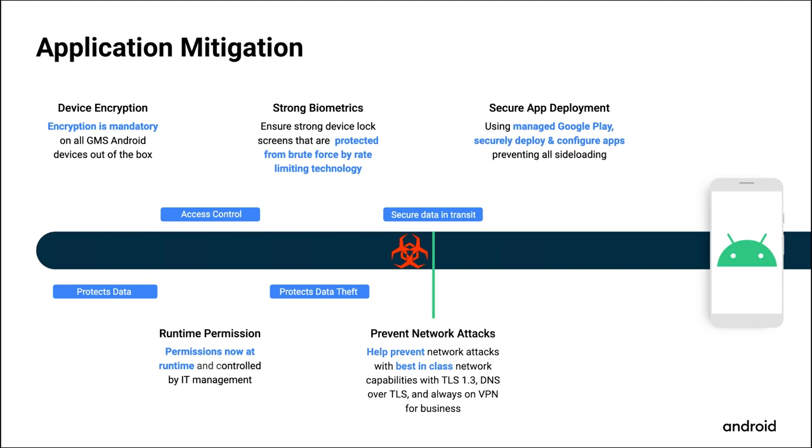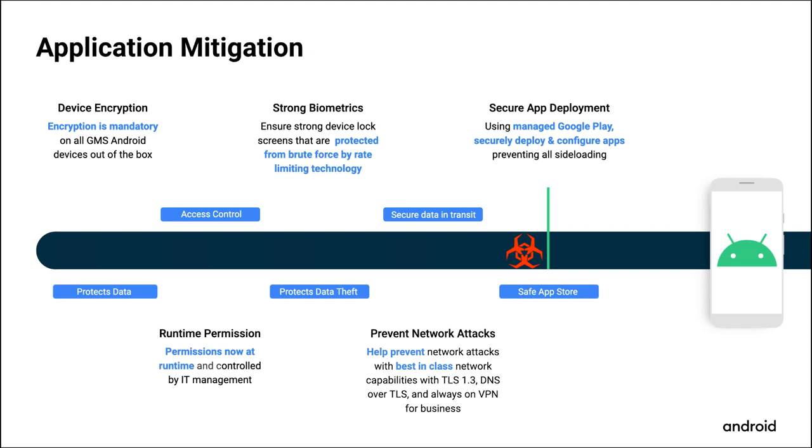We've also implemented things such as DNS over TLS, which prevents DNS leakage and also provides a capability for admins to keep a user from changing a DNS server to bypass proxies and things of that nature. And then there's many, many new capabilities for VPN usage for business devices on a per app basis, as well as always on and per profile or complete work profile VPN capabilities. So that's some of the things we're doing to secure data in transit. So we can protect a piece of malware or an exploit from hitting the device over the network. That's just another layer to protect the device.